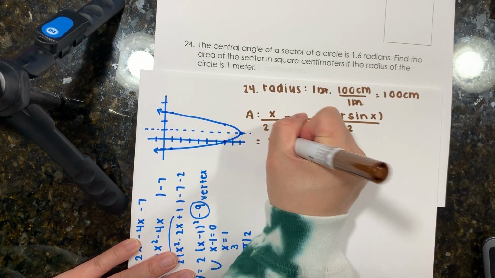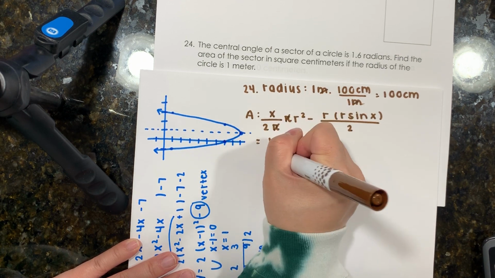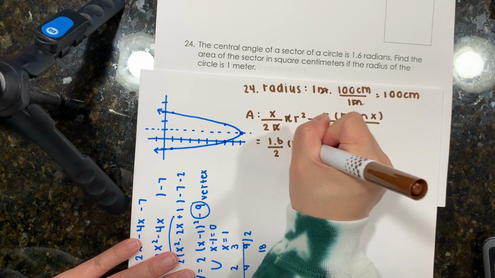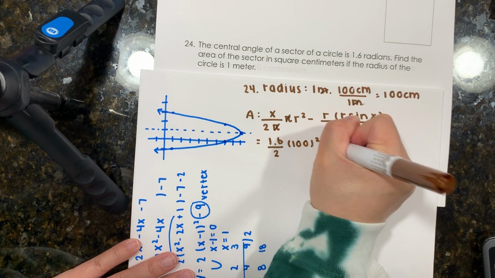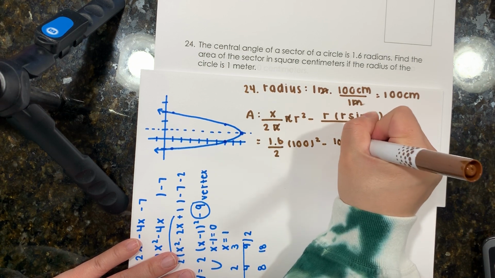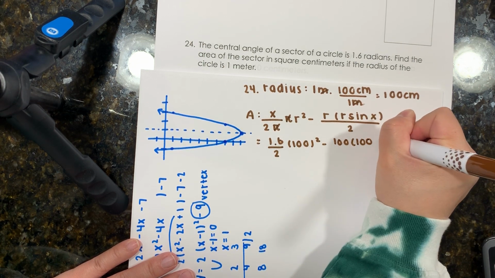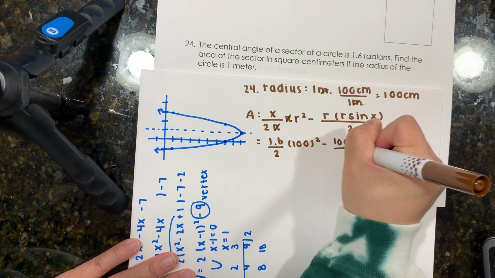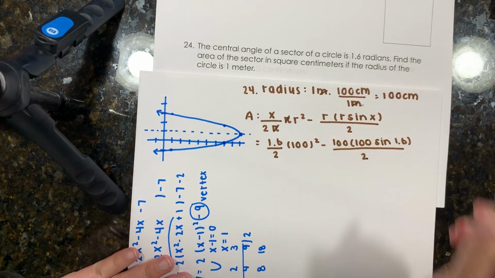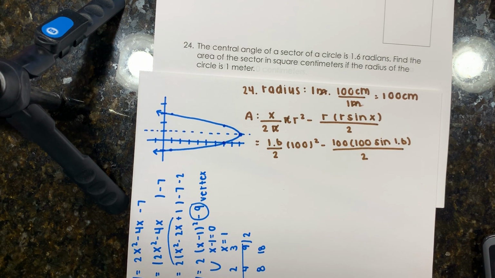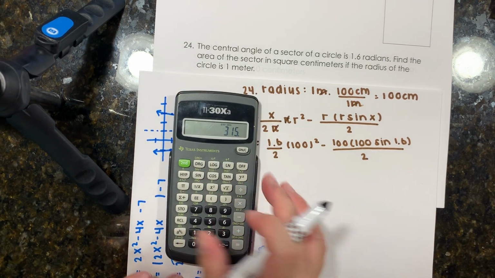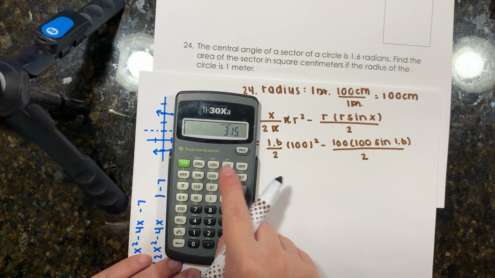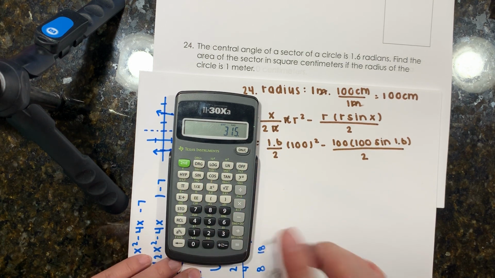So 1.6, the pi's do cancel, divided by 2 times 100 squared minus 100 times 100 sine of 1.6 divided by 2. And don't forget on this one, because you're doing this in radians, you do have to convert your calculator from degrees to radians, and you press the DRG button for that.